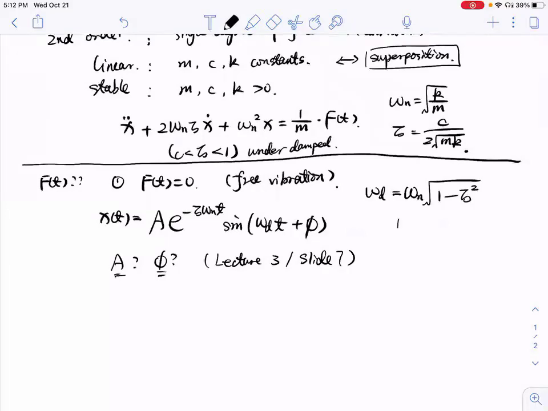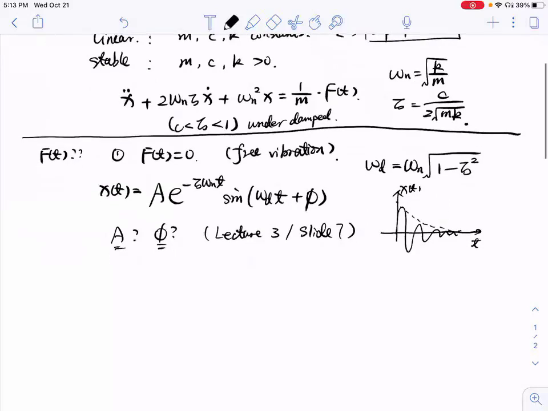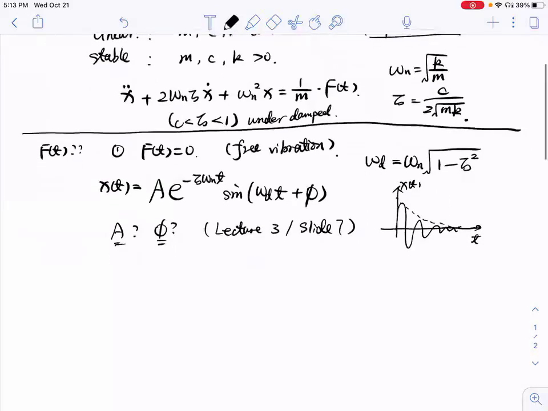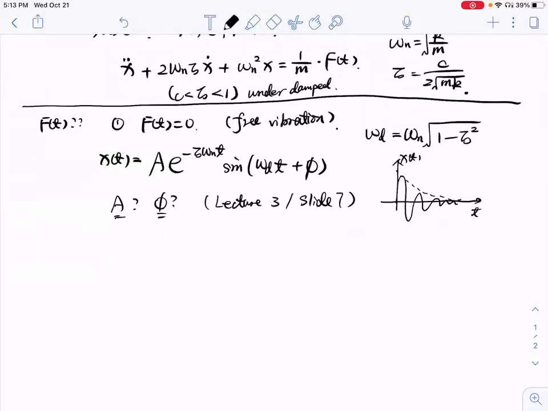Okay, and then the time domain function of x(t) would look something like this. Initially, it moves in a really large amplitude, and the amplitude decays exponentially. That's everything we need to know about free vibration, when force equals 0. So we learned these in part 1.